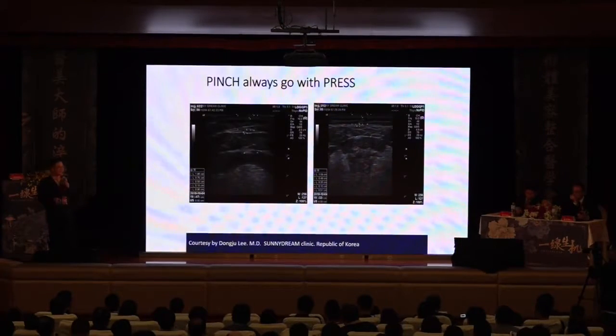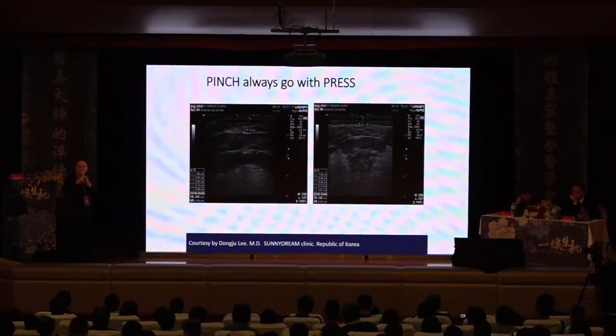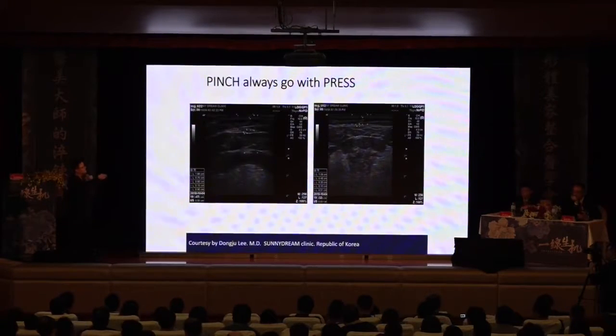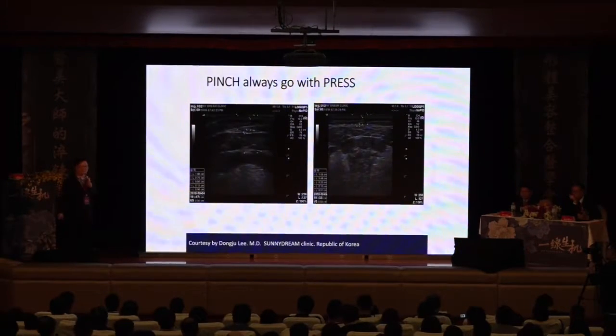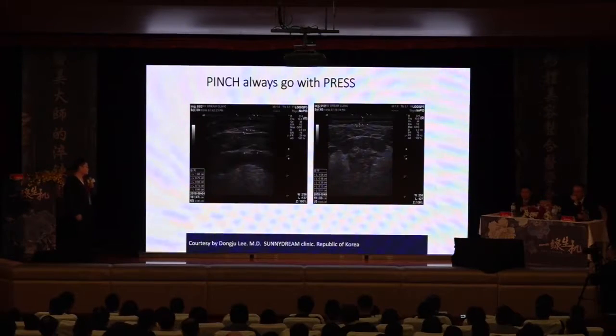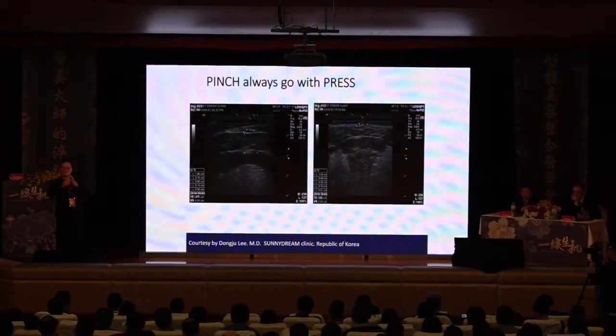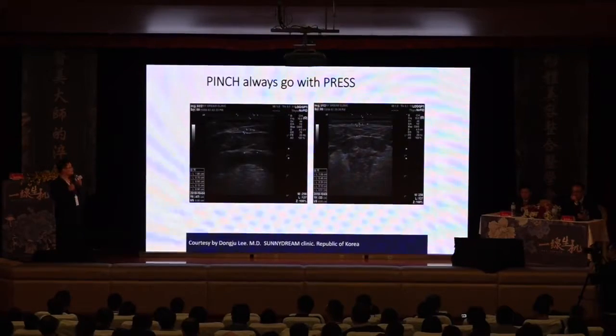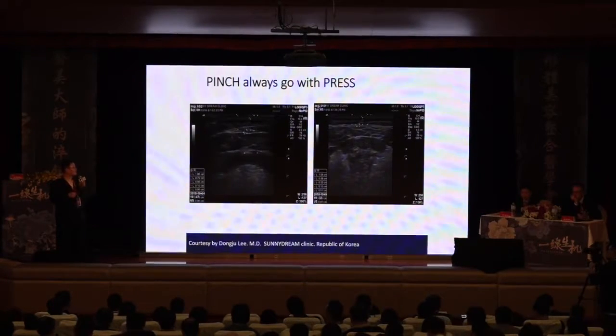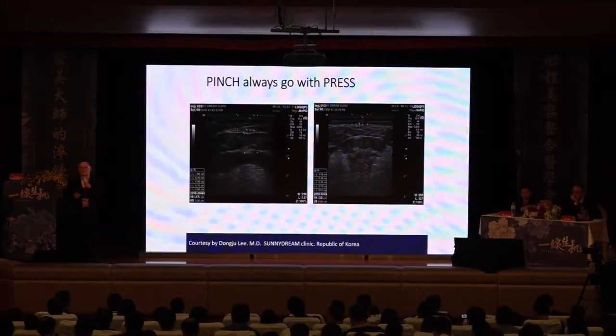Neck sonography. The left side is just touching the probe to the neck. The thickness of the subcutaneous pad is 0.75. But in the right picture, when we press the probe, the thickness of the fat is 0.48.